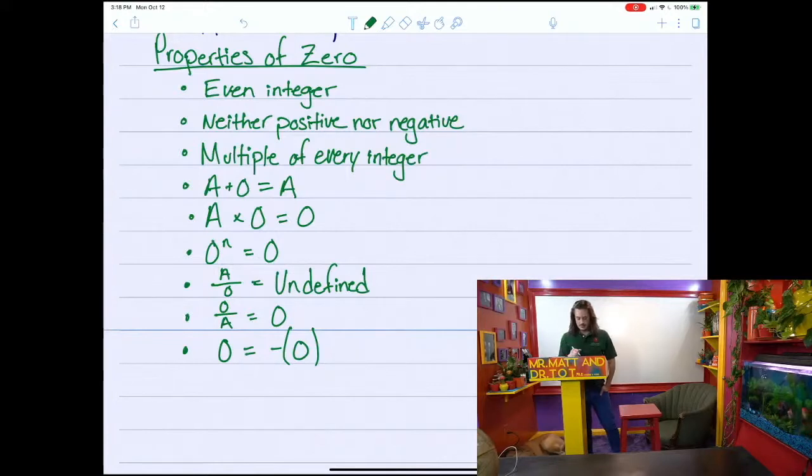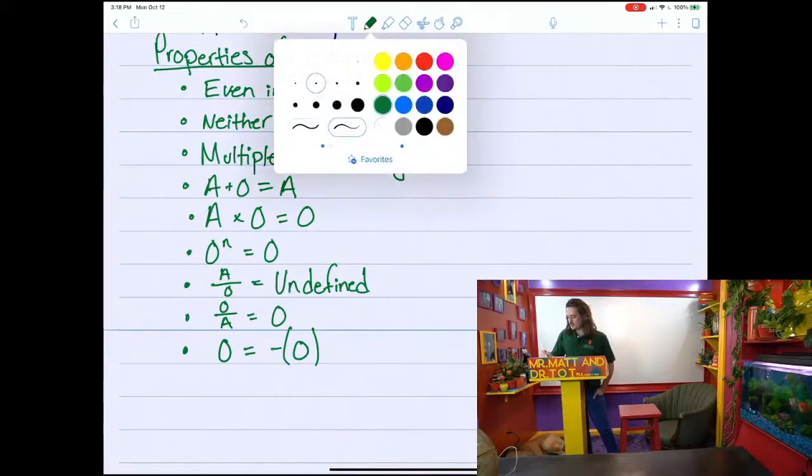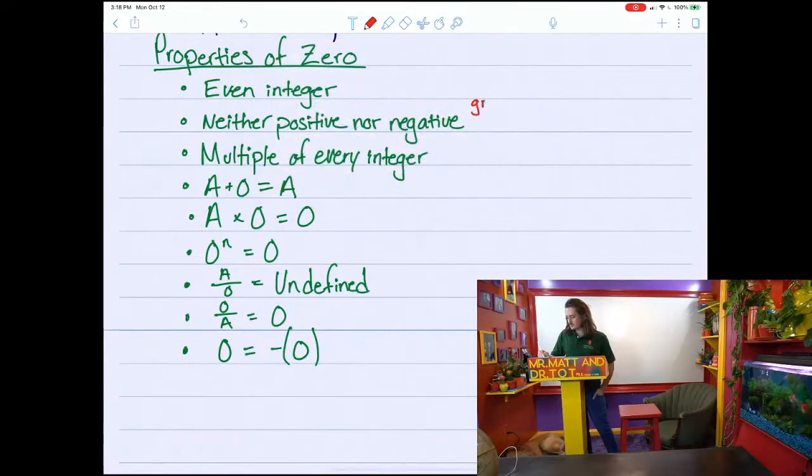So when we say 0 is neither positive nor negative, what's implied is that it is greater than all negative numbers, and it is smaller than all positive numbers.